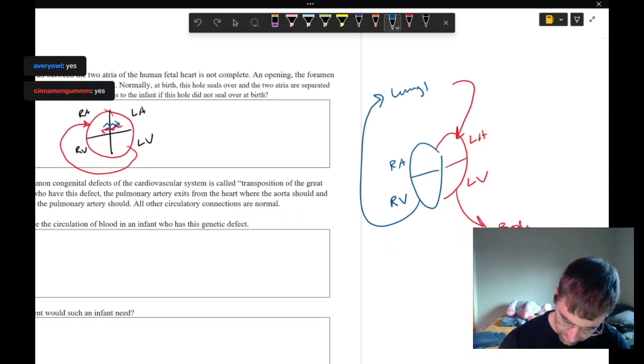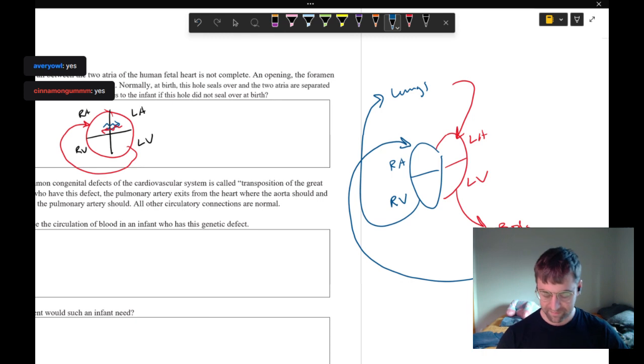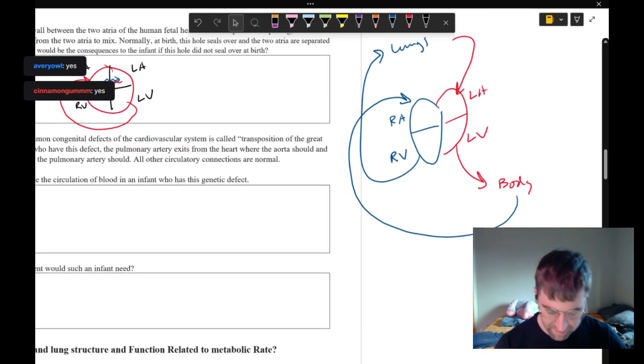So that's a normal circuit. You can see that. Okay.